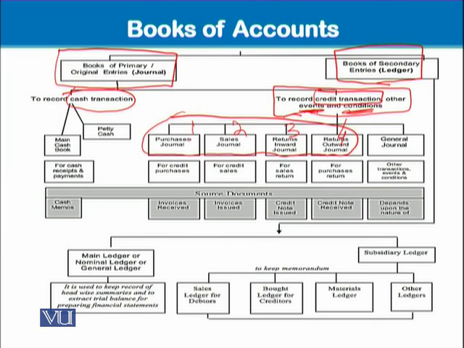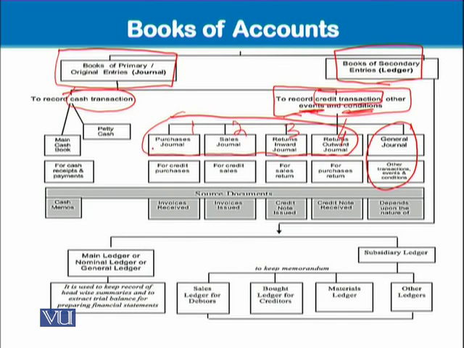But if there are credit transactions, credit purchases would be treated over here and credit sales over here. And obviously, sales returns were in fact credit sales, and purchase returns were in fact credit purchases. The rest of the events and conditions would be recorded in the general journal.